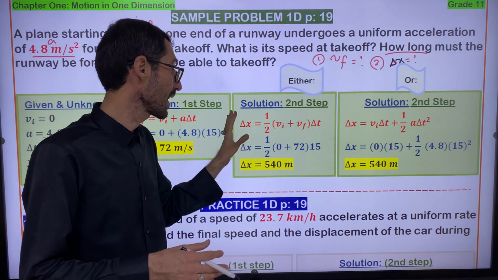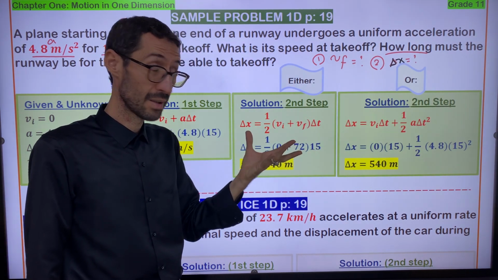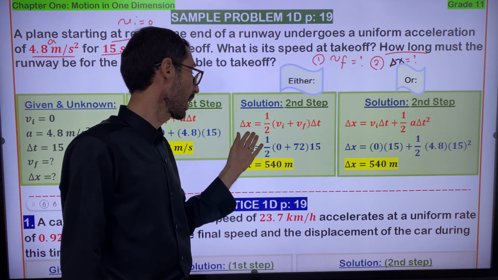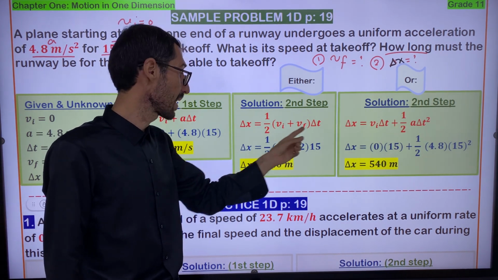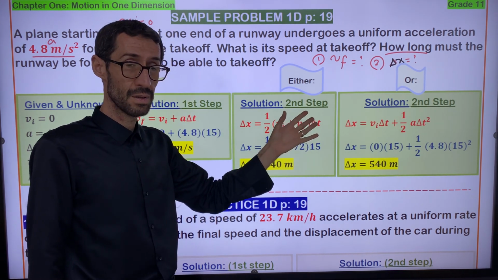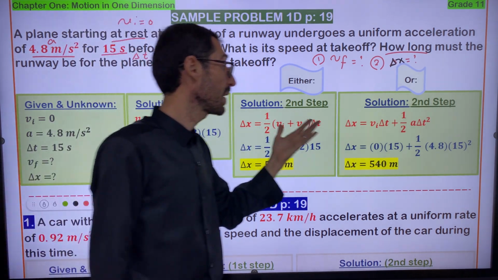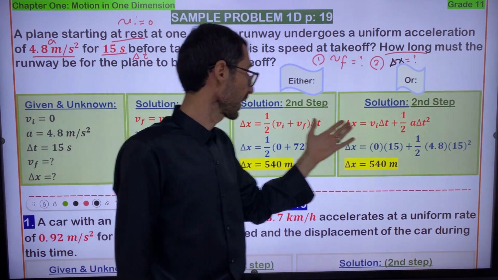You are free to use this one or this one. It's optional, arbitrary, right? Maybe you say, teacher, I'm gonna use this rule because it doesn't have any exponent. This one is easier.